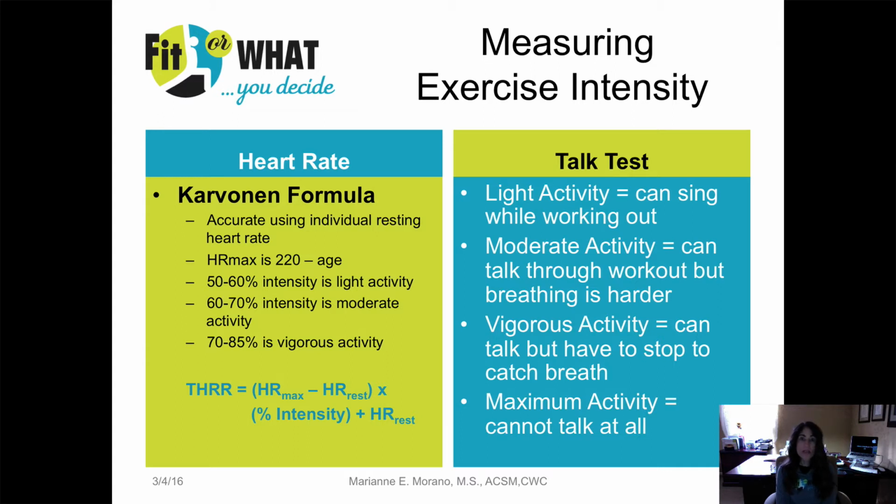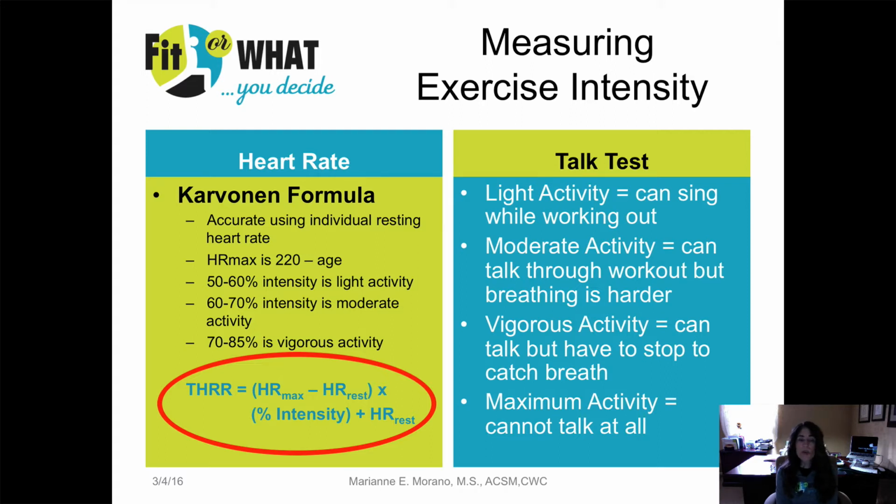So we have to come up with something that is the next best thing, and we can estimate how hard we're working using our heart rate based on the linear relationship between heart rate and work. The harder we work, the higher the heart rate. So there is a formula, and the Karvonen formula is a little bit more accurate. Some of the formulas use just your maximum heart rate based on your age, and multiply that by a percent of activity.